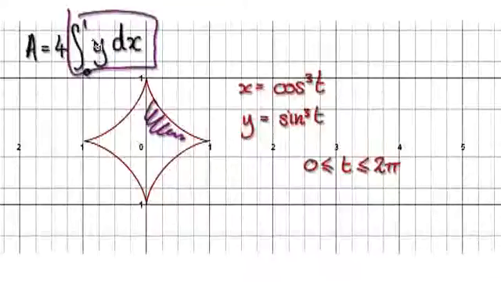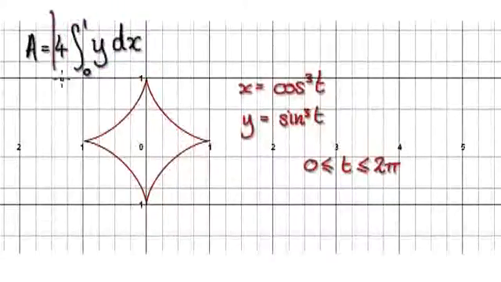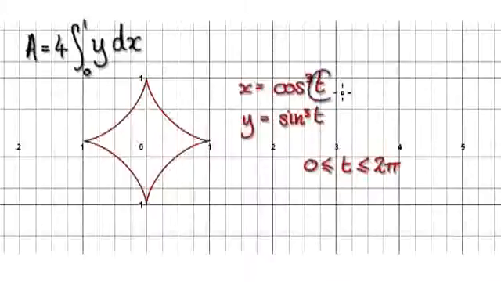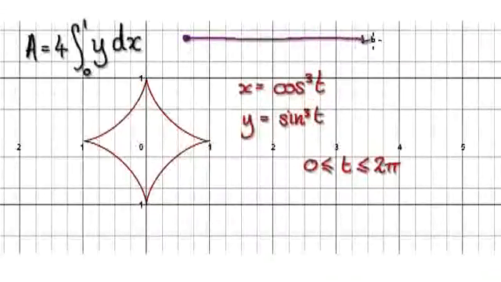So in our Cartesian realm, the area is given by this. But now we are in the parametric realm, where everything is driven by time. So when time equals 0, the particle will be right here.